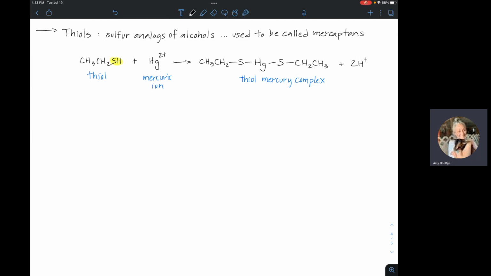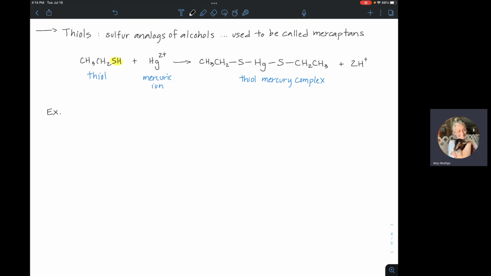So then, if you have a functional group on the molecule that takes priority, then we're going to name that sulfhydryl group as a mercapto group. So, like other substituents, we're going to place that substituent name mercapto before the name of the parent hydrocarbon.